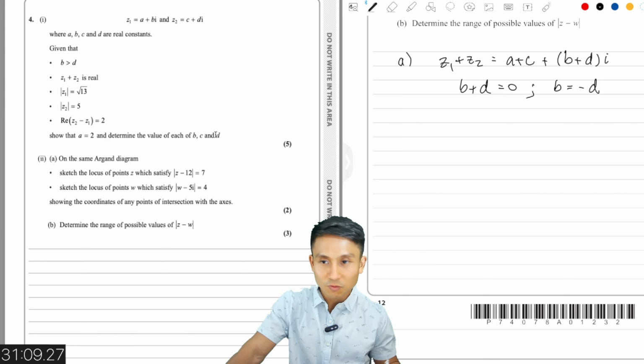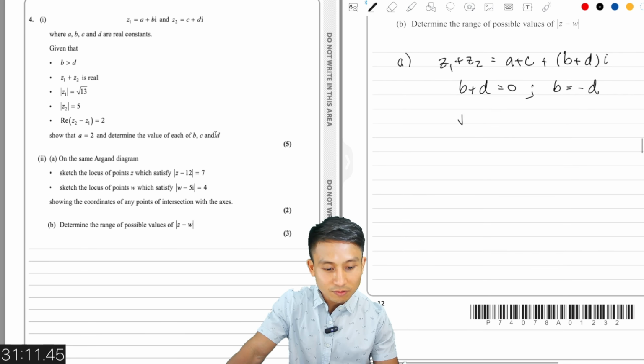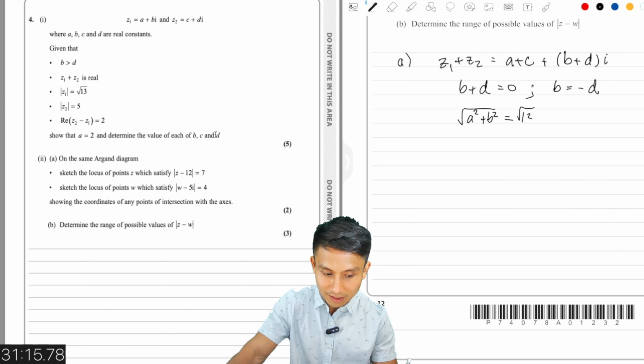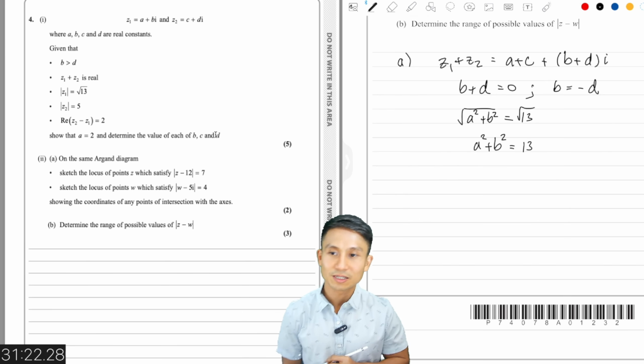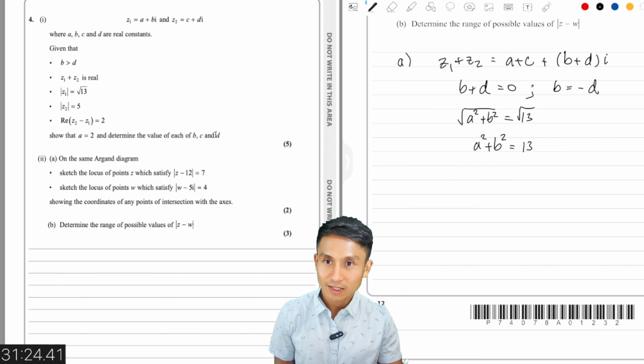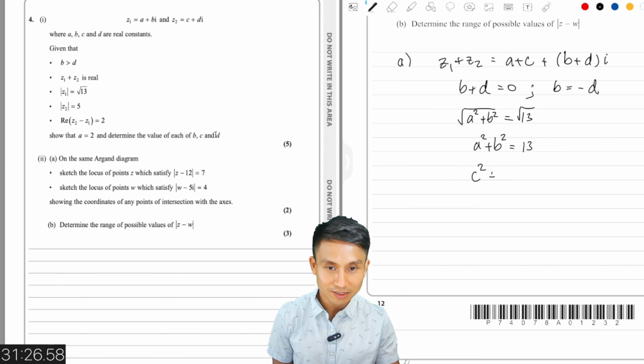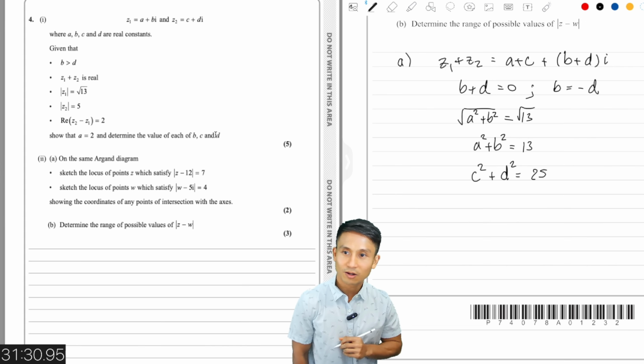The modulus of Z1 is root 13. So we have the square root of A squared plus B squared equals root 13. So basically A squared plus B squared equals 13. The modulus of Z2 is 5. Similarly, that's C squared plus D squared, which I'm just going to write as 25 already.